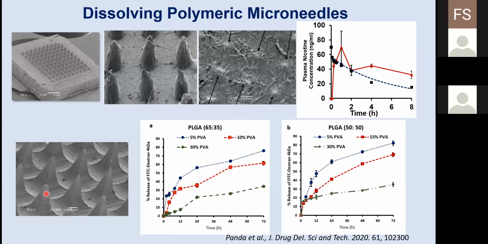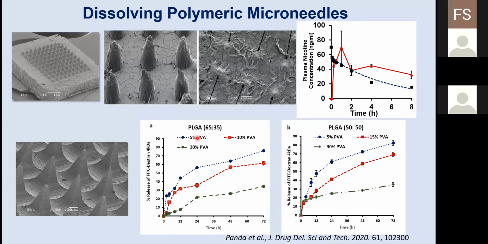Just the plain PLGA microneedles didn't work well for us. So we had to combine it with PVA. So different amounts of PVA were incorporated into PLGA, and we prepared the microneedles to see if we can apply the patch onto the skin and have a controlled release of drug, right? So we also looked at the effect of PVA on the release profile.